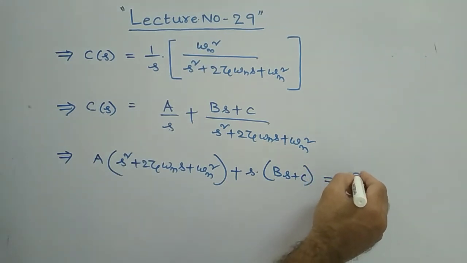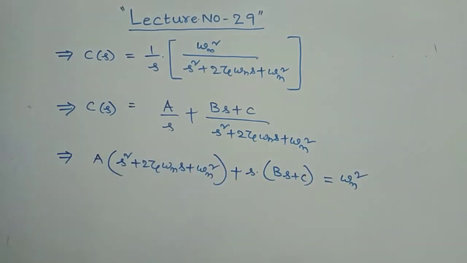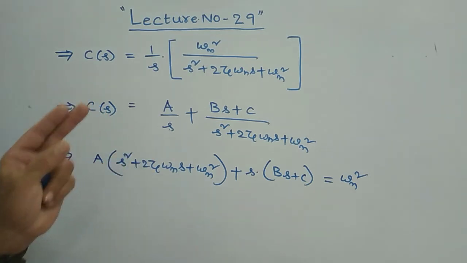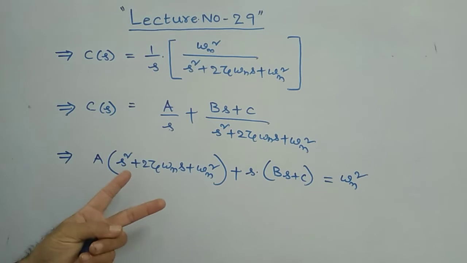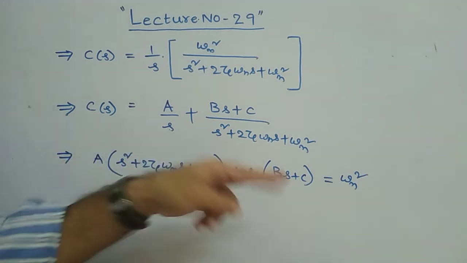From this expression, you have to equate the s terms on both sides one time, and secondly, equate the s square terms on both sides.